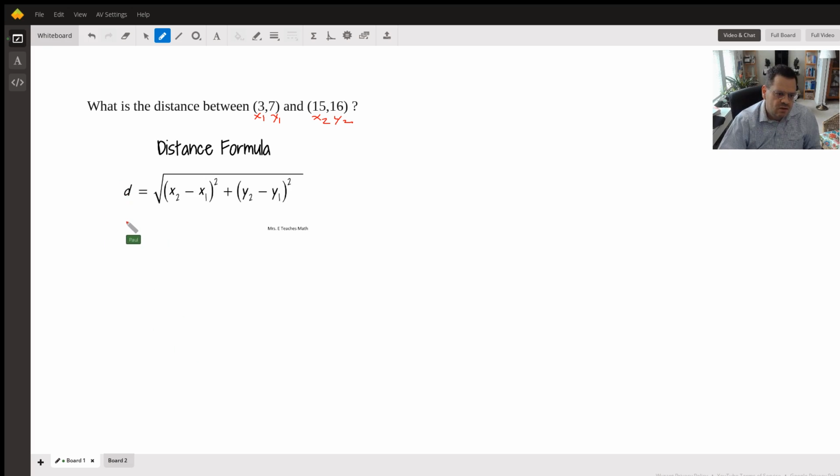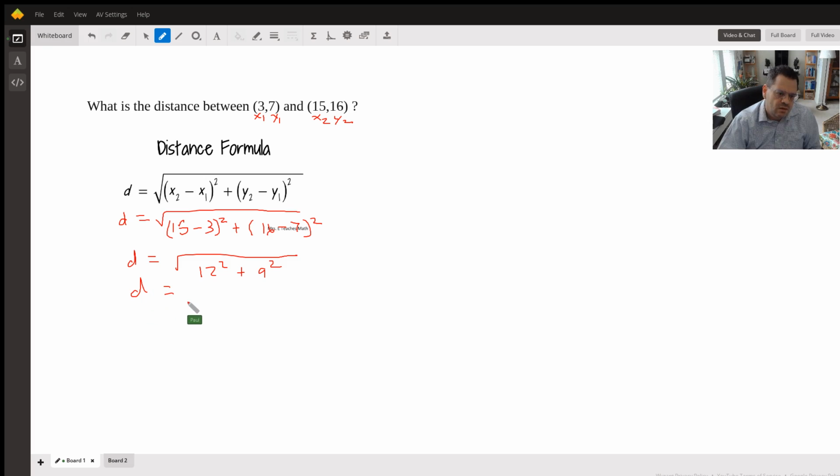So if we do that, we'll get d equals the square root of 15 minus 3 squared plus 16 minus 7 squared. And then you do the parentheses first, and you'll get 12 squared plus 9 squared.